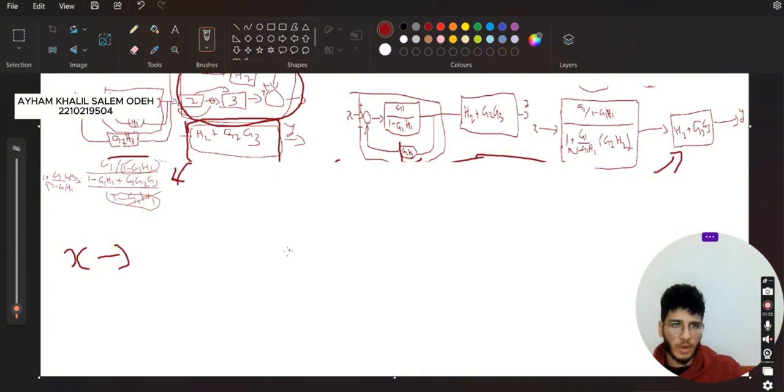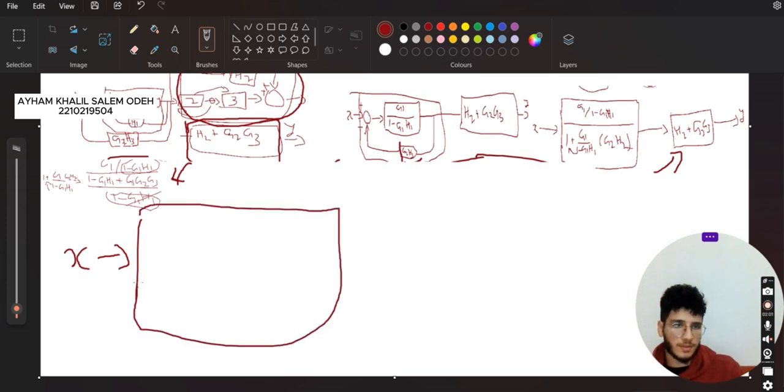So we're going to go ahead and multiply it. Now our big function, our transfer function actually, G1 over 1 minus G1 H1 plus G1 G2 G3.